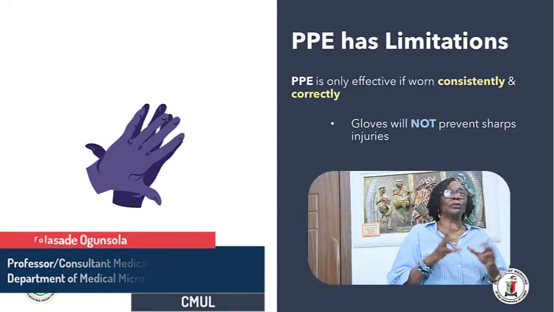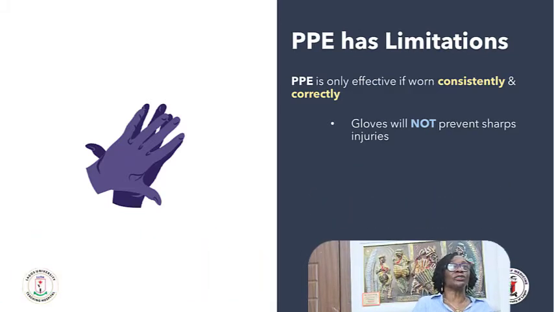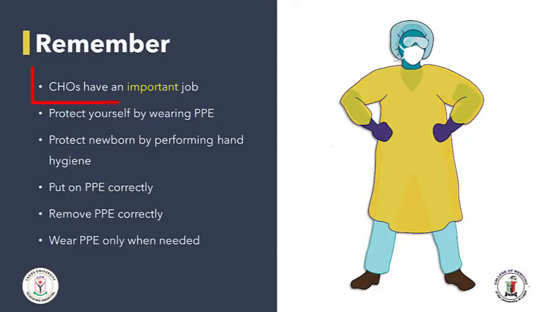Otherwise, you're not fully protected. The gauze will not protect you from injections. So remember that community health officers have a very important job. You are the first line of defense. You must protect yourself by wearing your PPE, and wearing the right PPE for the right job. All PPEs are not needed for every situation.